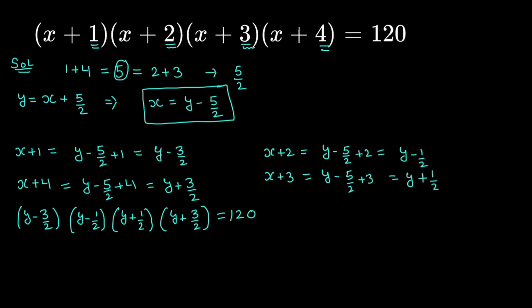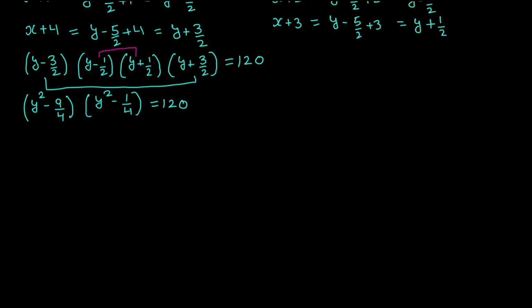Now we combine these two terms and these two terms. So here we get a minus b and a plus b. It turns out to be y square minus 9 by 4 as the first factor, and here we get y square minus 1 by 4 as the second factor. So again we use the mean method.